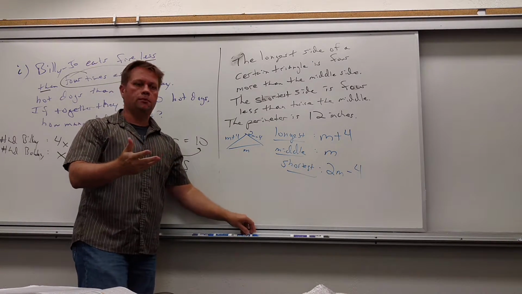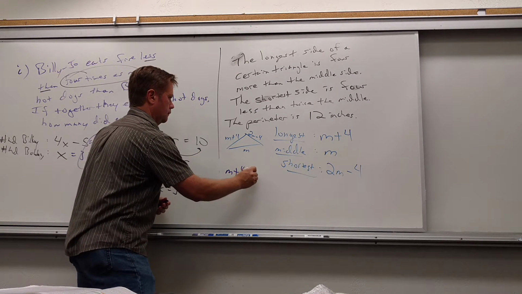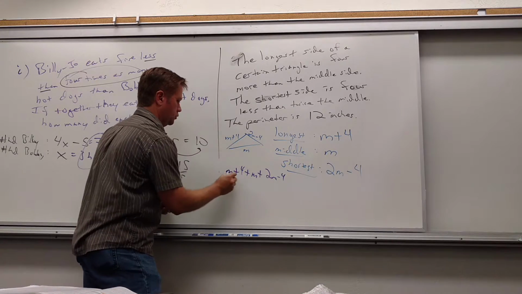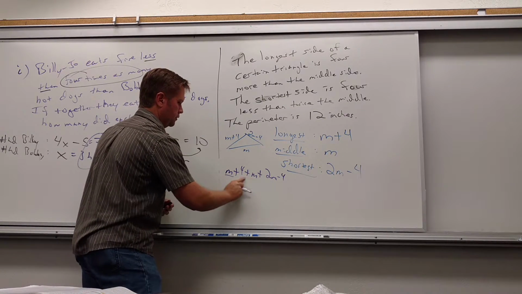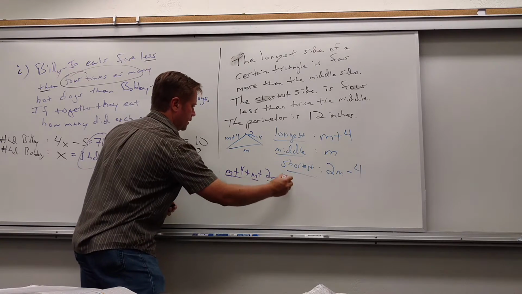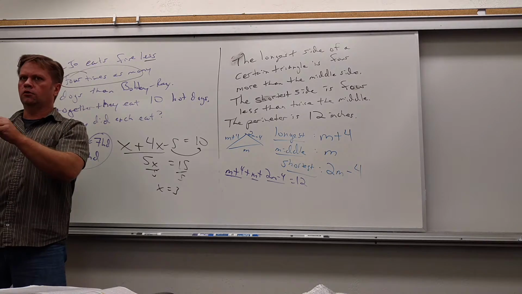Add them up, and it makes what? So make sure you can find 1, 2, 3 sides. 1, 2, 3 sides equals 12. Cool. So I got all the sides in there.